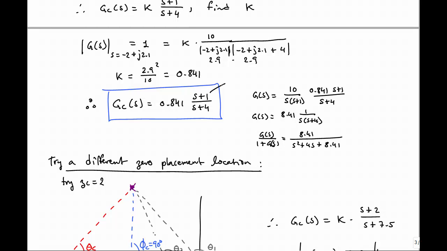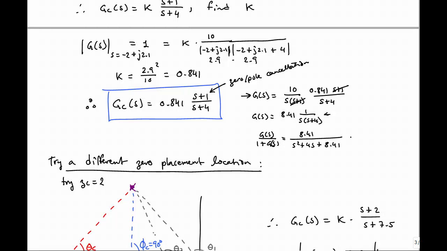That was designed based on placing the zero. We have zero pole cancellation. Remember, we canceled the pole of the open loop system with our zero. So when we write out our forward path gain G of S, the S plus 1 and S plus 1 cancel, and we end up with the G of S that is pretty simple.